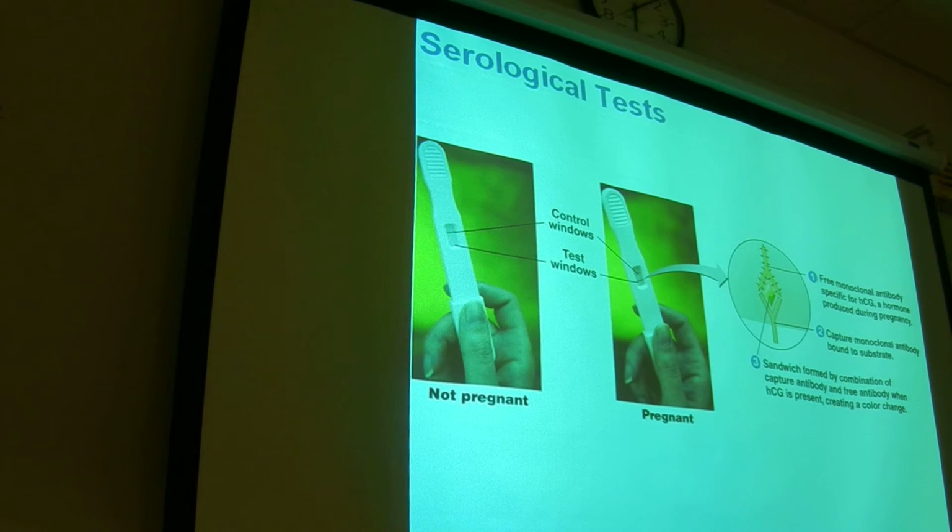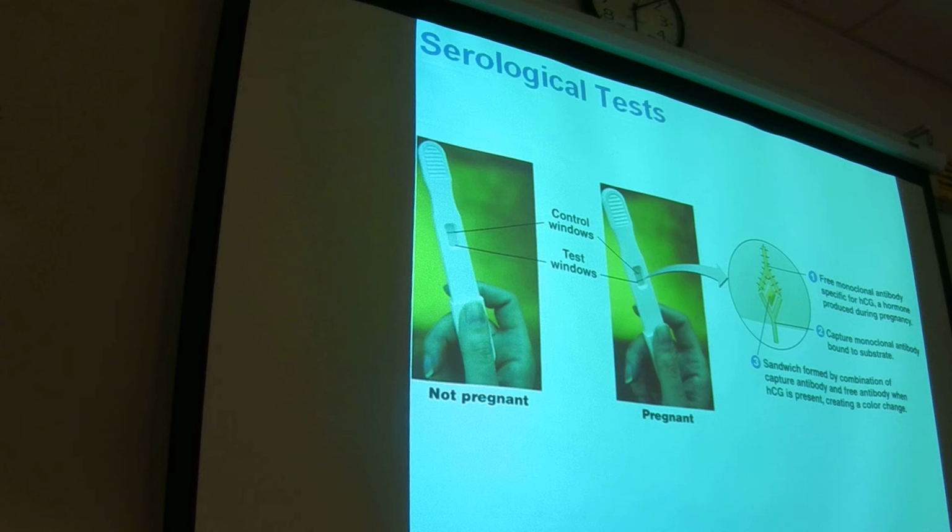Serological tests, again, are a way to see if you have certain types of antigens or antibodies in your serum or other bodily fluids. The one that most people are familiar with, whether or not they know it's a serological test, is the pregnancy test. Basically, it's just a very small ELISA. This little window has antibodies fixed to it. You urinate on it.